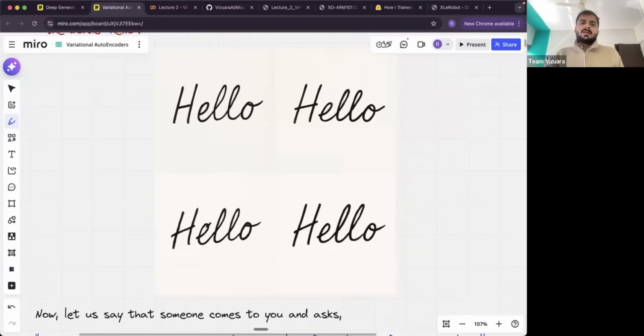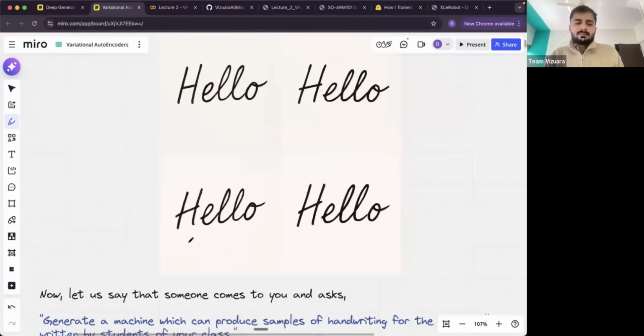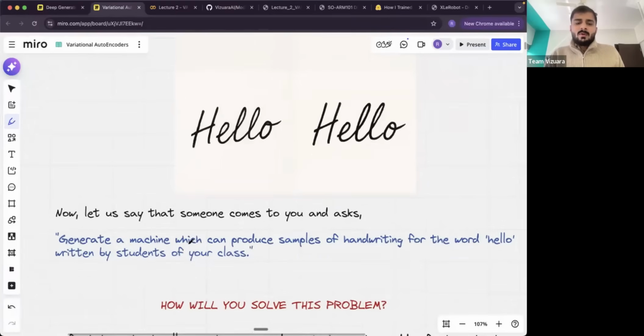How can we design a machine which can first capture this variation and then generate an output which appears like a sample which has come from this class, not from any random class in the world? So how will you solve this problem?